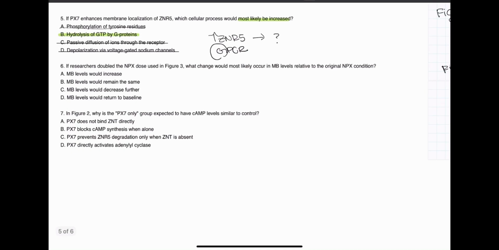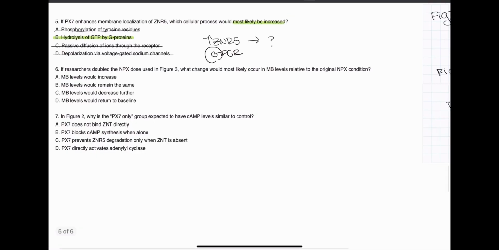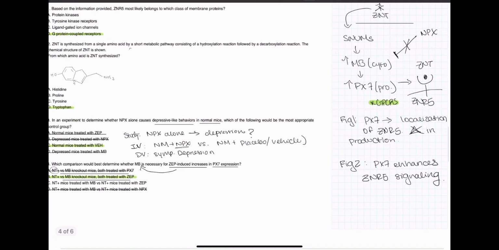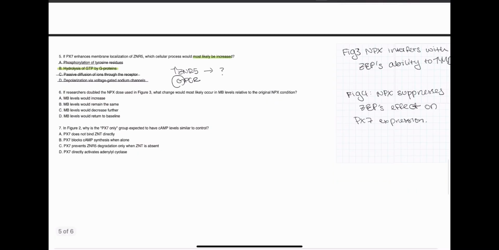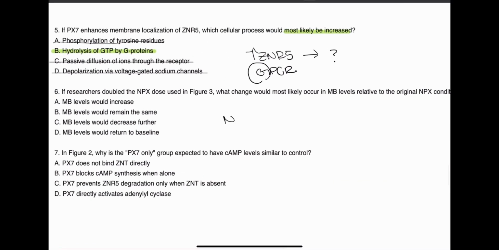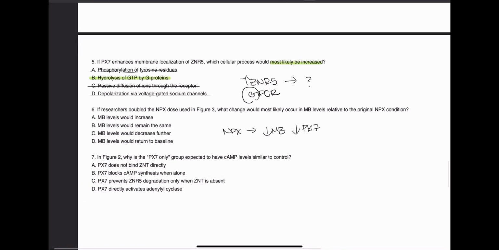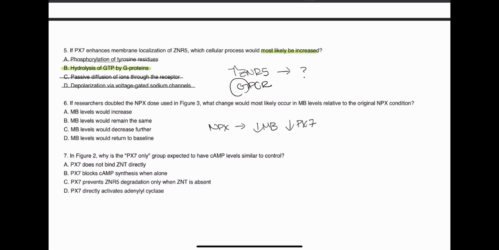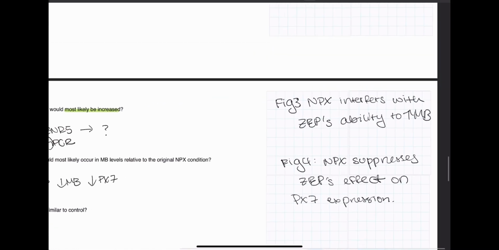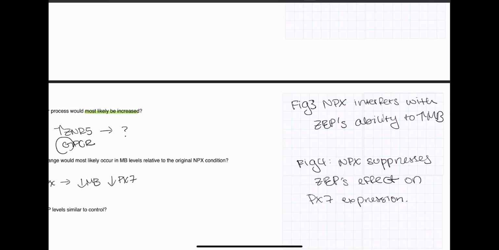If researchers doubled the NPX dose, look at our breakdown. NPX is inhibitory. So whenever more NPX is administered, we're expecting lower levels of MB and therefore lower levels of PX7, right? So we'll also just make a note of it here. NPX leads to lower MB and lower PX7. Used in figure 3, so figure 3 said NPX interferes with ZEP's ability to increase MB.